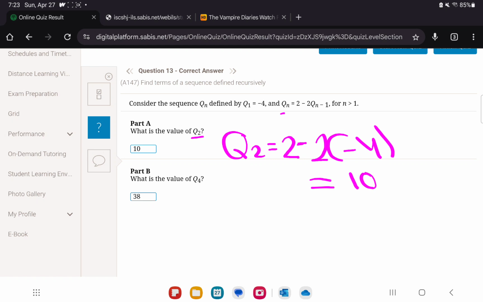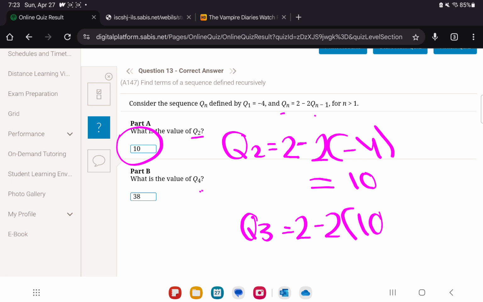You get 10. Now to figure out Q4, you're going to have to find Q3 because it's n minus 1, so 4 minus 1 is 3. So let's find Q3. Q3 equals 2 minus 2Q(3 minus 1), which is Q2, so it's 10.